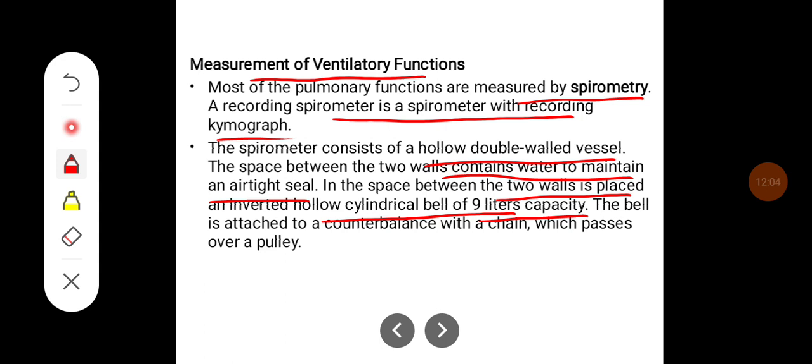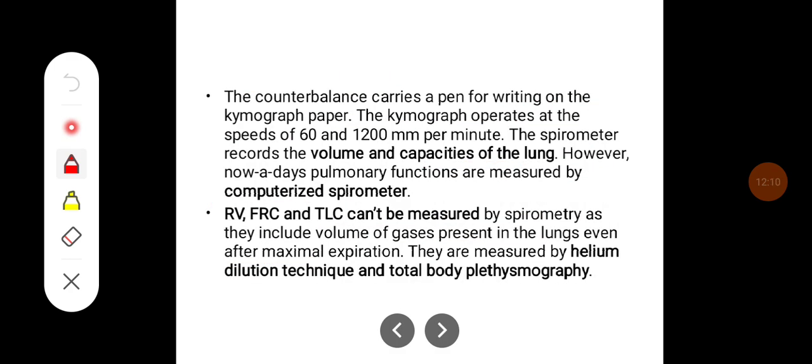The bell is attached to a counterbalance with a chain which passes over a pulley. The counterbalance carries a pen for writing on kymograph paper. The kymograph operates at a speed of 60 to 1200 mm per minute. The spirometer records the volume and capacities of the lungs.